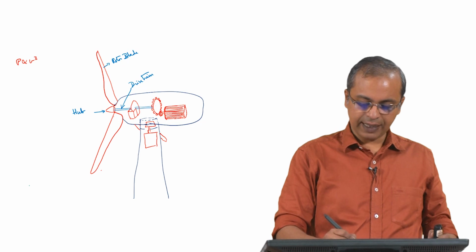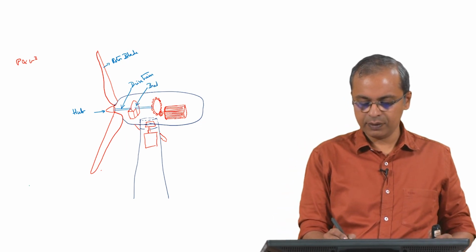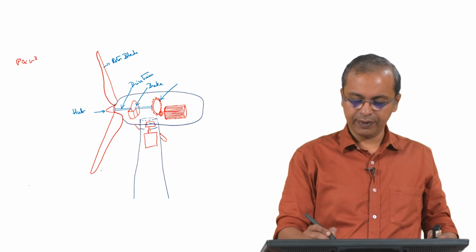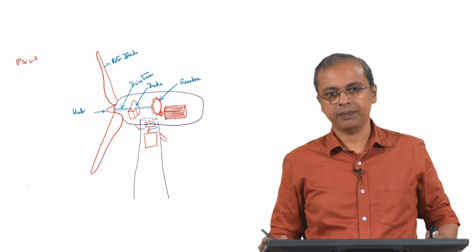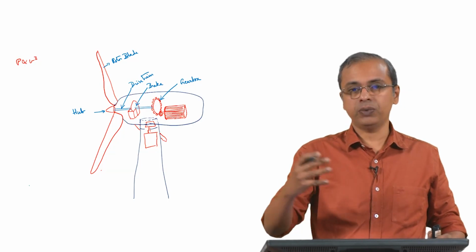What you have here, this arrangement that you see here, is the brake. Then we have a gearbox, and it is the one that enables the linking to the generator.